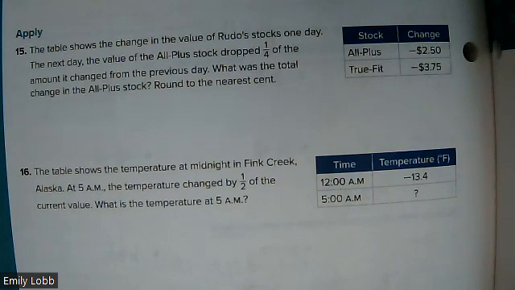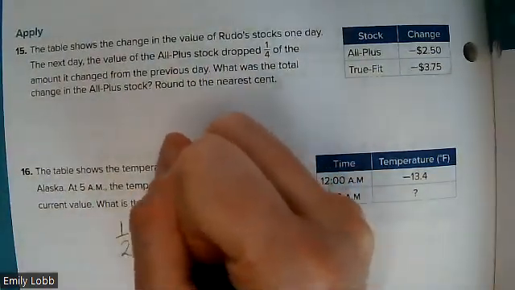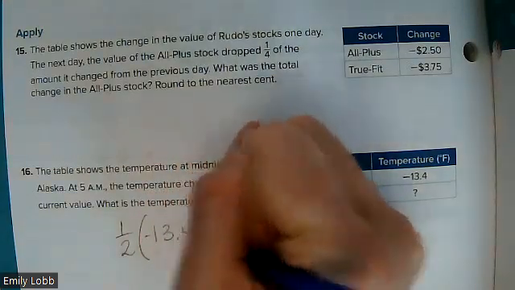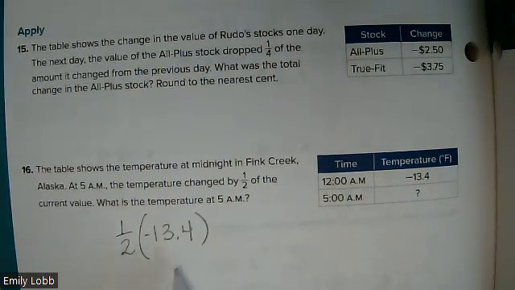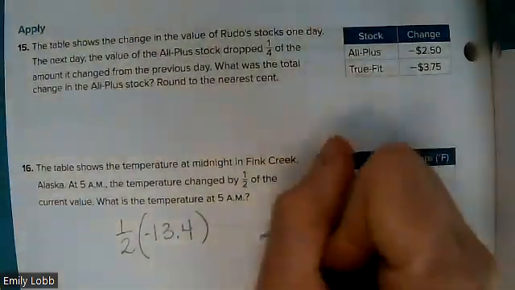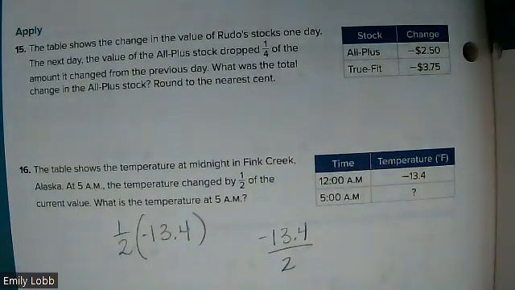16, all right. Table shows the temperature at midnight at Finn Creek, Alaska. At 5 a.m., the temperature changed by half of the current value. So half of that, of means to multiply. Half of negative 13.4. Now, I would teach this a little bit differently. They want you to either change this to fraction and multiply, or change this to decimal and multiply. I would say that 1 times that is negative 13.4, and that really means you're just dividing it by 2.